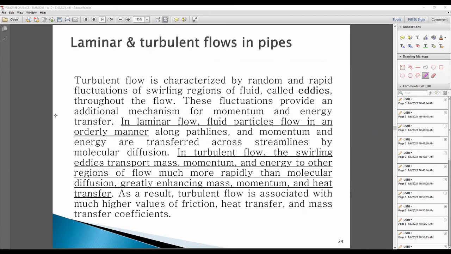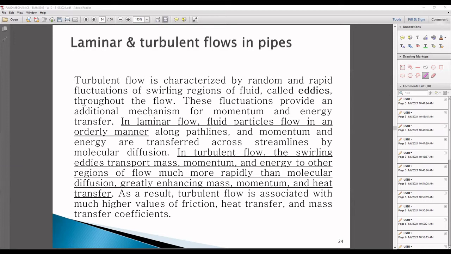And for the turbulent flow, it is characterized by random and rapid fluctuation of swirling regions of fluid called eddies. When there is a lot of fluctuation, we can actually see the eddies throughout the flow. This fluctuation provides an additional mechanism for momentum and energy transfer.